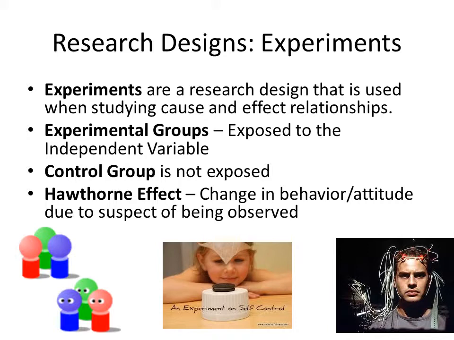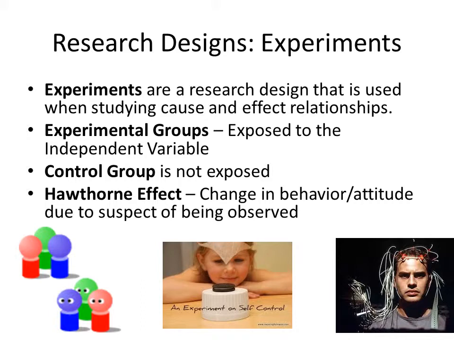The groups are assigned to be either the experimental group, which is exposed to the independent variable, the variable that can cause or provoke a change, or the control group that is not exposed to the independent variable.